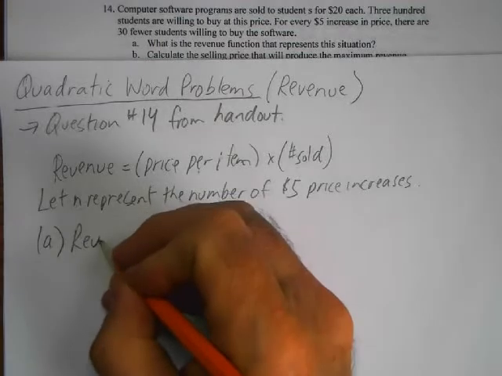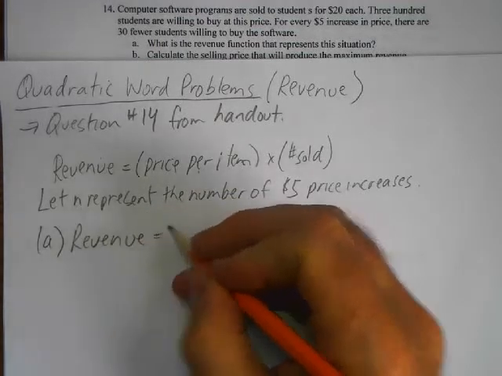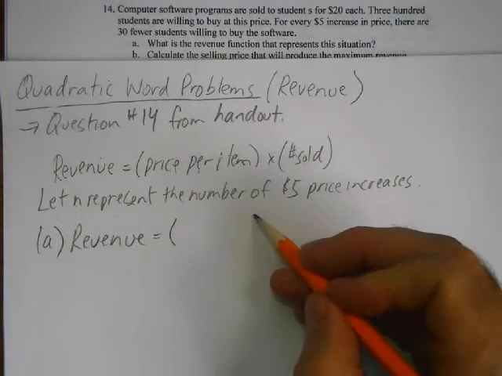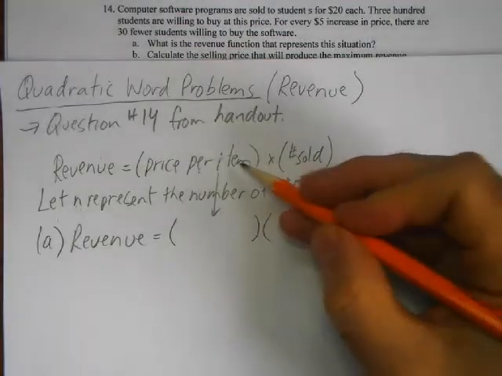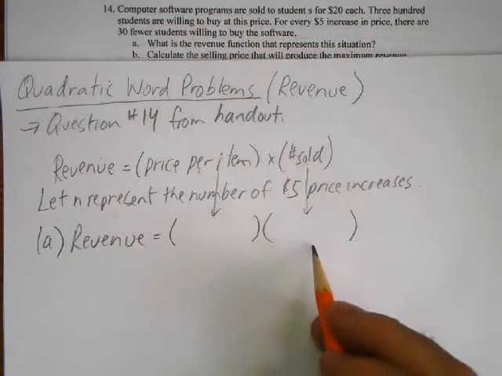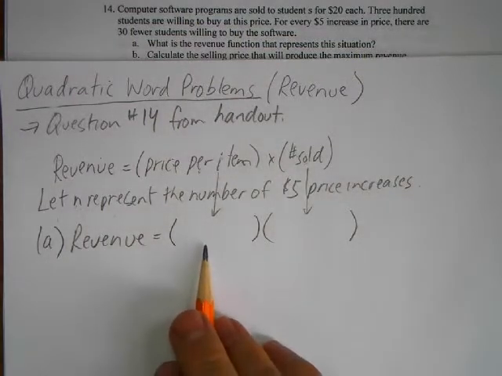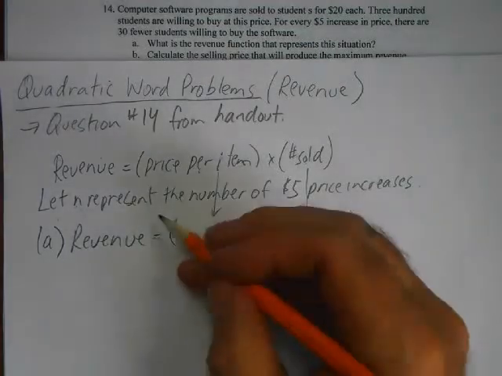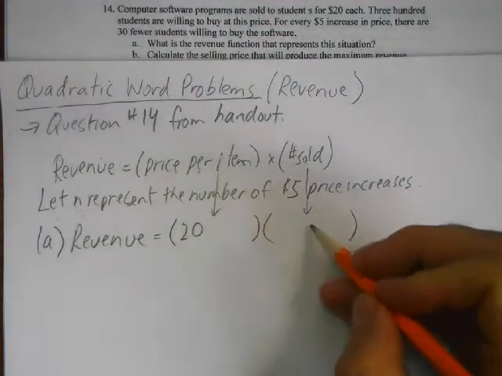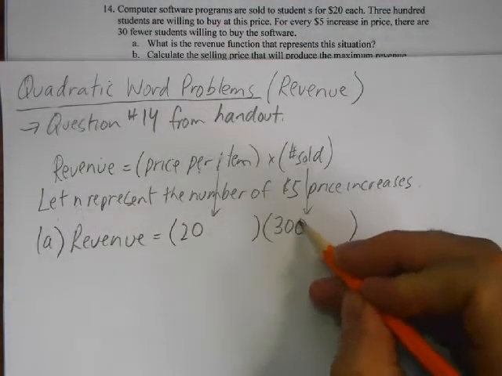So revenue equals, and in the first set of brackets, I'm going to have the price per item, and this will be the number sold here. Currently, we're selling these for $20, and we're selling 300 of them.